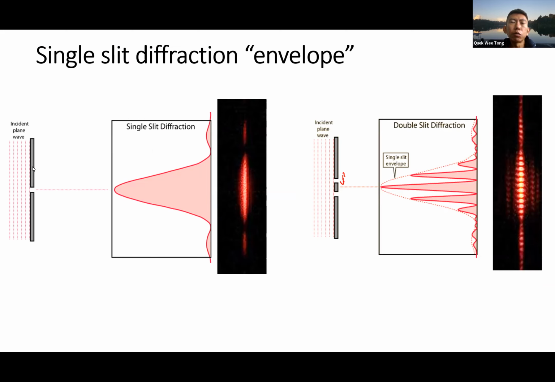And that seems to turn into an envelope for the double slit pattern. Why so? Think about it this way. Light from a single slit alone has a certain underlying mechanism directing where the light could land and where the light couldn't land. Suppose nearby there's another slit.